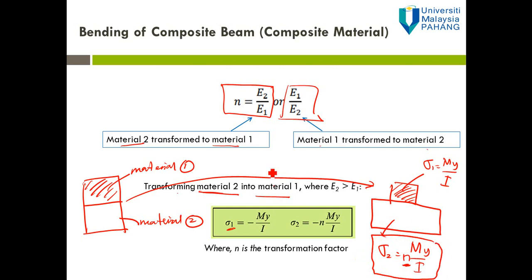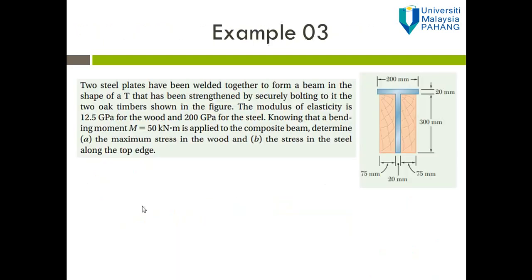If you transform material 1 into 2, then the stress for material 1 must be multiplied by n. So you multiply n with the stress of whichever material has been transformed.